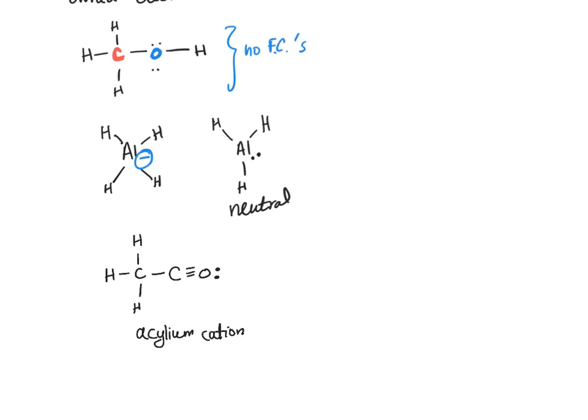So if you're going atom by atom, carbon has 4 bonds here, carbon has 4 bonds there, so carbon remains neutral, but oxygen now has 3 bonds and 1 pair of electrons, so it gets a positive charge.